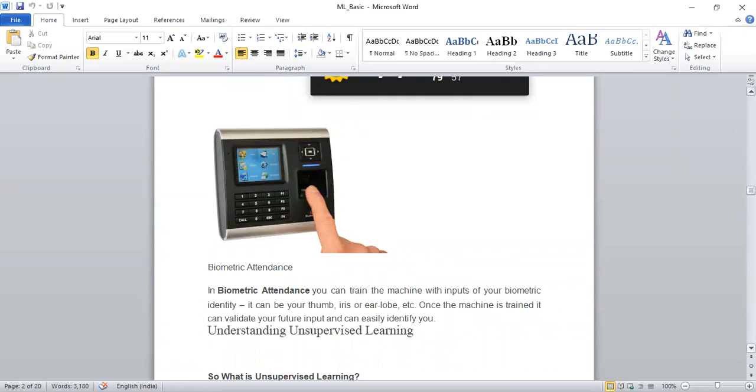It can be your thumb, iris, or earlobe, etc. Once the machine is trained, it can validate your future input and can easily identify you next time. Understood?